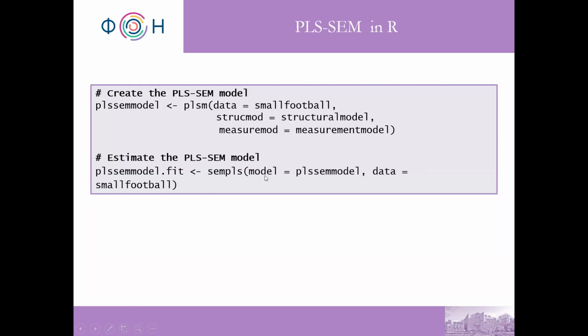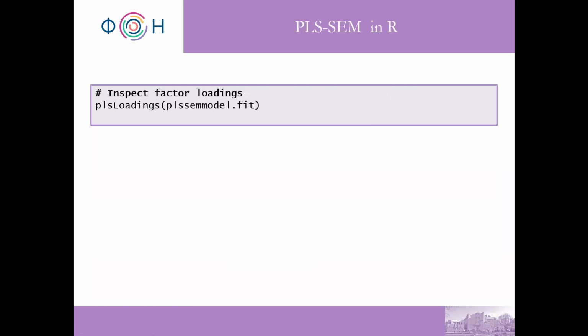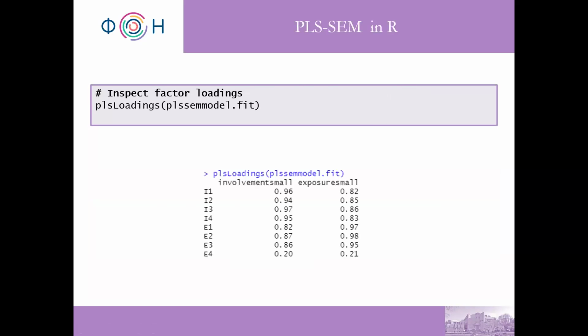We have to tell what is the model we are estimating, what is the data we are using. Again, we will be receiving coefficients as an output. The greater coefficient indicates within which construct a variable will be allocated.